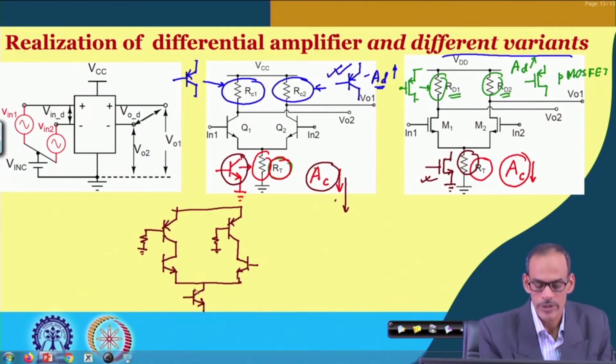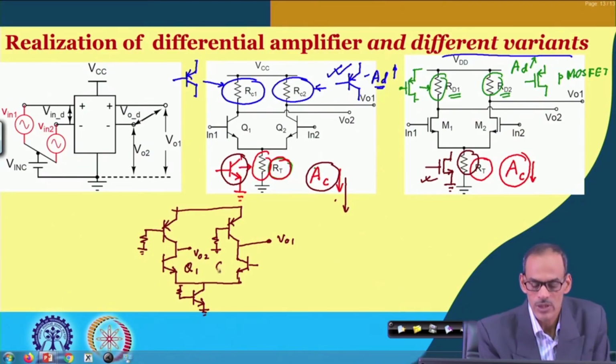So, if you have this kind of circuit, again with a meaningful bias here, and then if you consider this is the output and this is the other output terminal, this is VO1 and this is VO2, and again we consider Q1, Q2 to be identical.